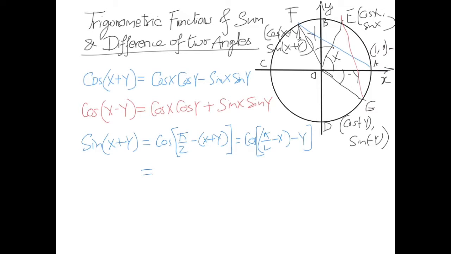So therefore this is equal to cos of pi by 2 minus x into cos of y. Now cos of pi by 2 minus x is sin x, and cos y plus sine of pi by 2 minus x, which we know is cos x, into sin y. And now we can write the expression for sine of x minus y by simply substituting y with minus y in the expression of sin of x plus y.